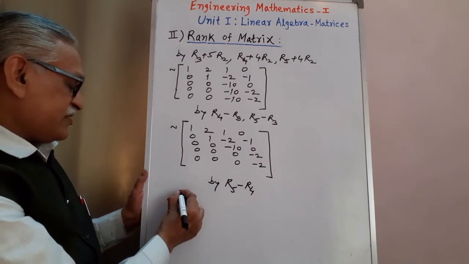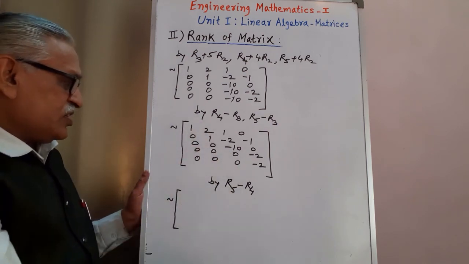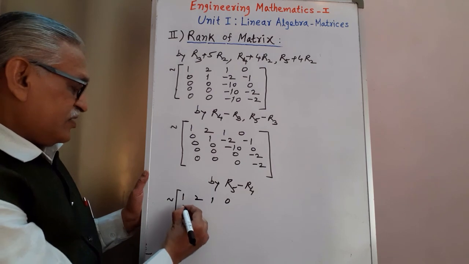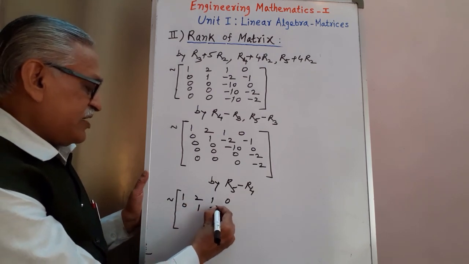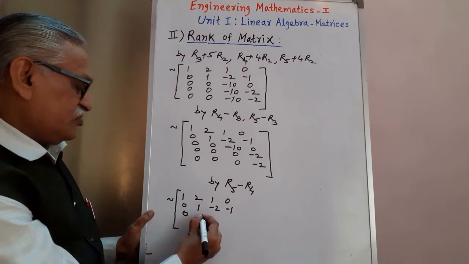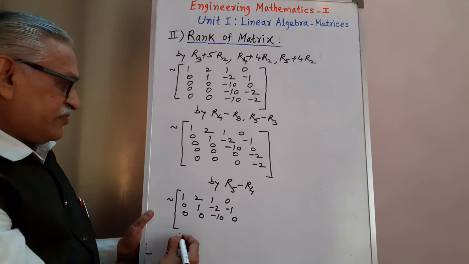By applying this, we get first 4 rows, no change. 1, 2, 1, 0. 0, 1, minus 2, minus 1. Third, 0, 0, minus 10, 0.